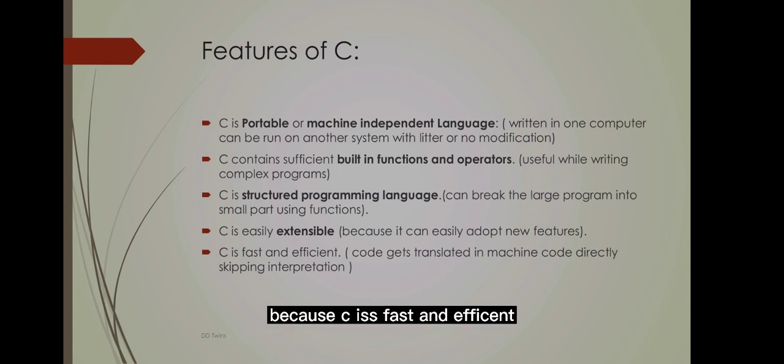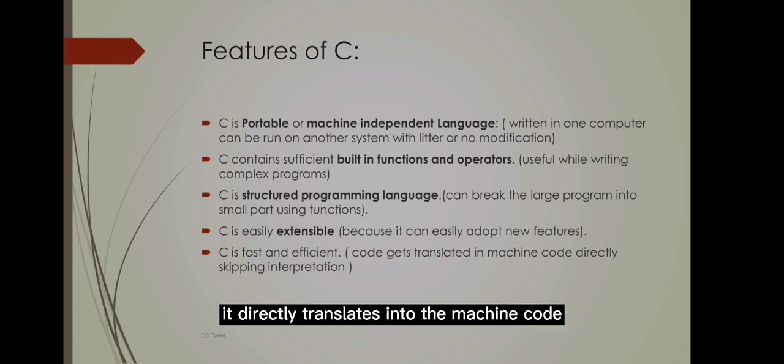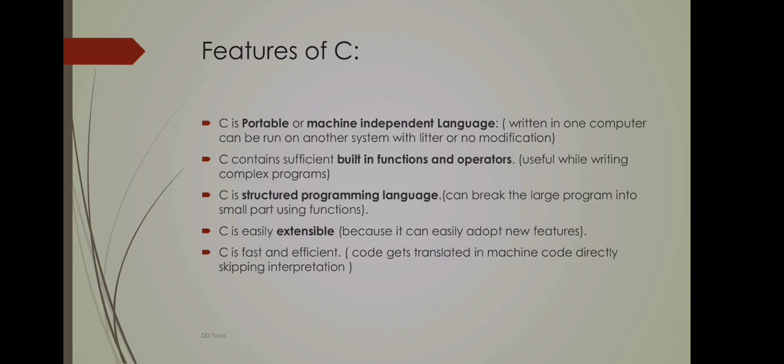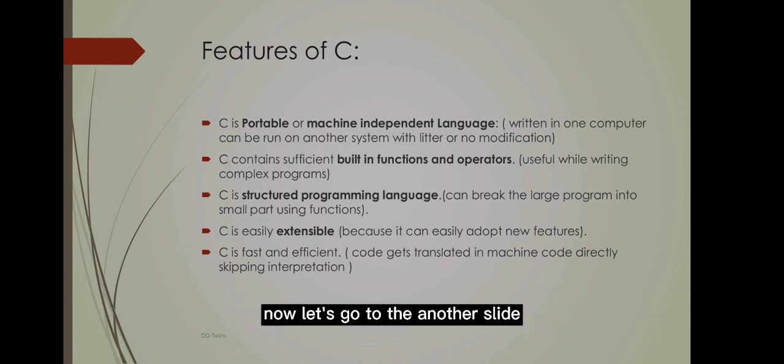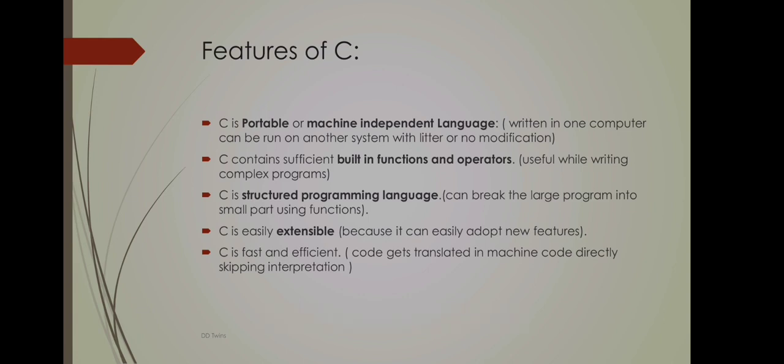Code gets translated into machine code directly, skipping interpretation. Other languages like Python and Java translate through an interpreter into machine language, but in C it directly translates into machine code. That makes it fast. Now let's go to the next slide.